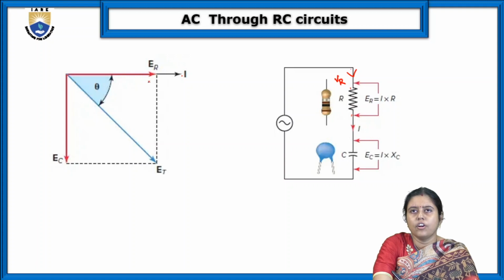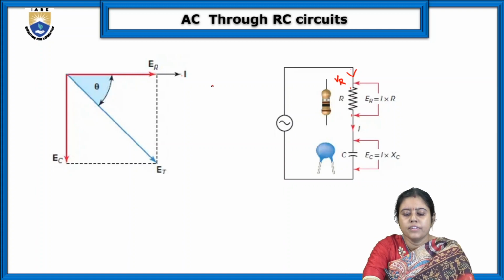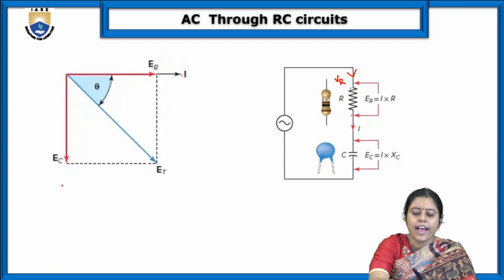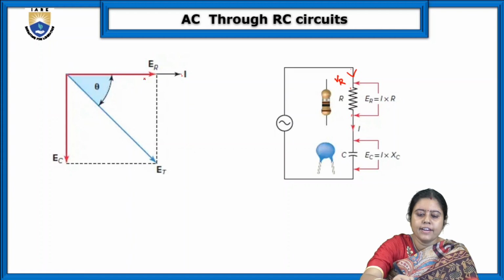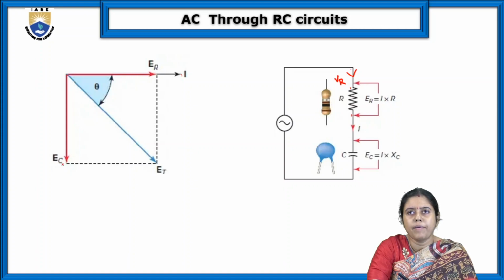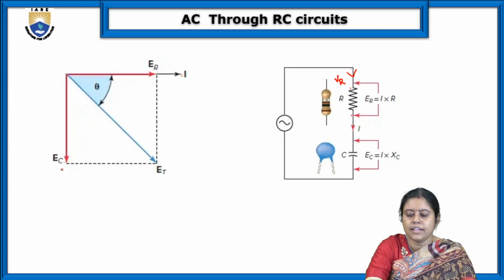And in the capacitance we know from the CIVIL rule, I is always leading, voltage is lagging. So if this is the current, the voltage across the capacitor will lag it by 90 degrees. So it will be the EC, the voltage across the capacitor.